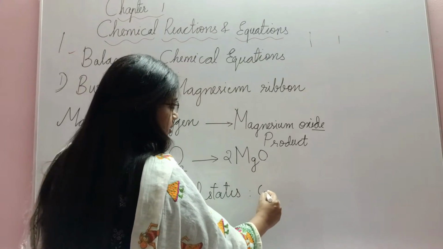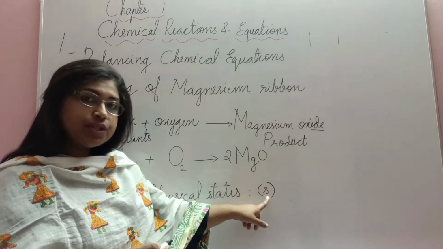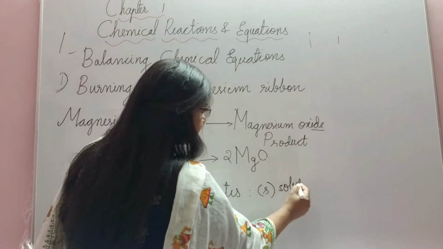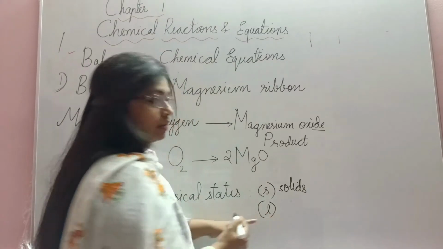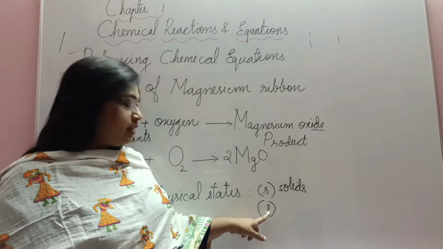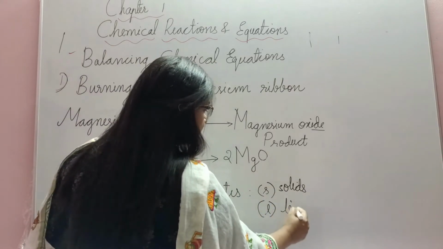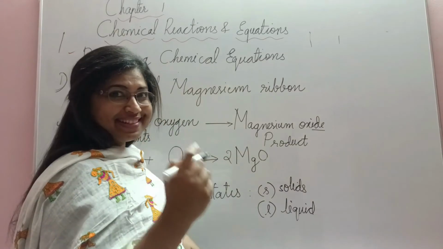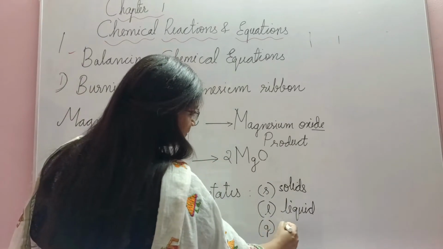Put a small bracket and put small letter s for solid. Now, for reactants or products in the liquid state, you can put the small letter l in the brackets. This is for liquids. Now there is one more state, that is gas. Very easy, put g.